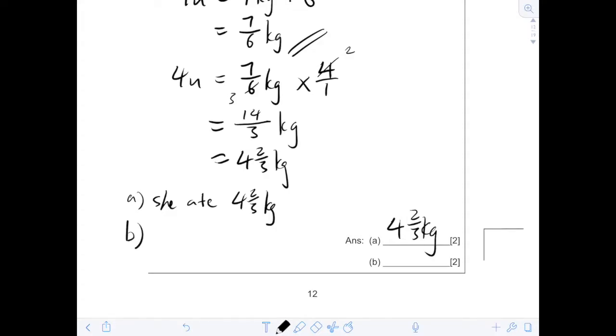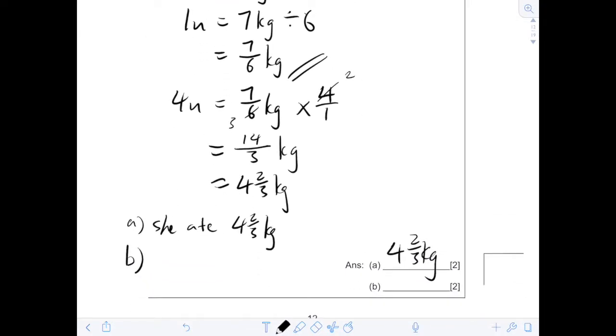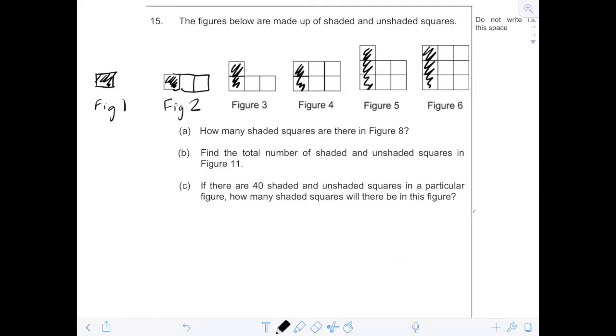Part B, because they wanted a simplest form, we have to change this 7/6 kg to a mixed number. So here 1 and 1/6 kg was left. Alright, let's move on to the next question.